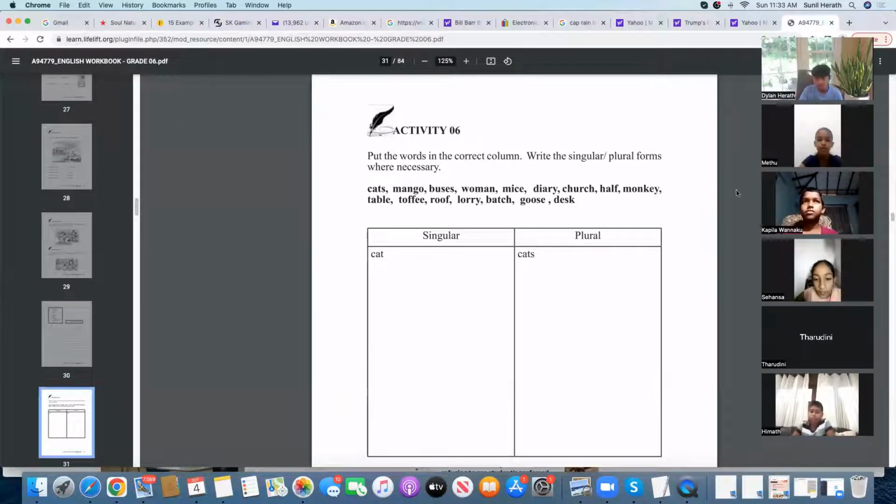So even though here with diary, we would get rid of the Y and put an IES, because this is an EY ending, we would just put an S, which is weird. But does everyone kind of understand this? Because that's important. I know this is very confusing. I'm even confusing myself now.